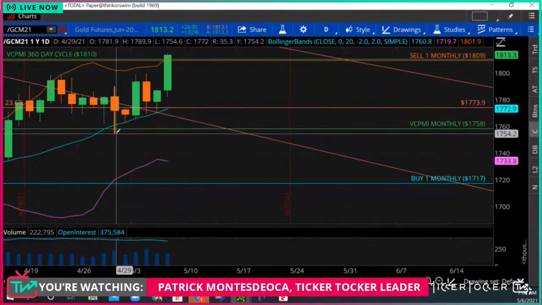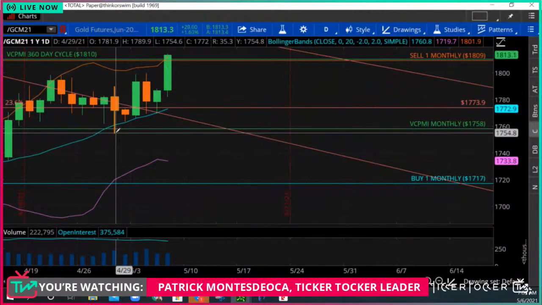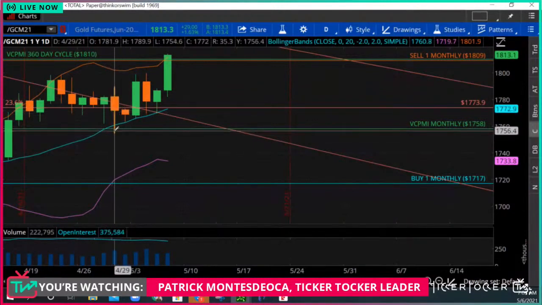The market came down to the monthly average of 1758, which is really the average for this whole month, penetrated that, tested it, and reverted right back up, which really represents that it found buyers, found support.